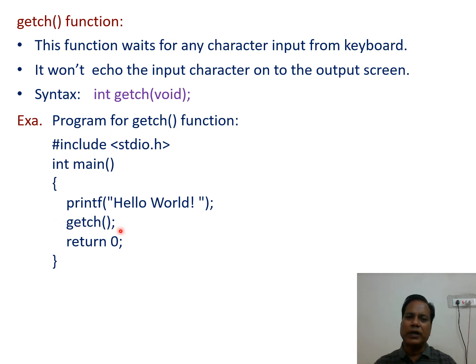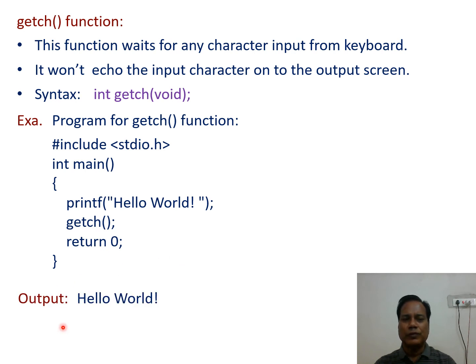So unless and until a character is entered, the output screen displays hello world, and once the user enters any character, control goes to the return 0 statement. That is the end of the program.